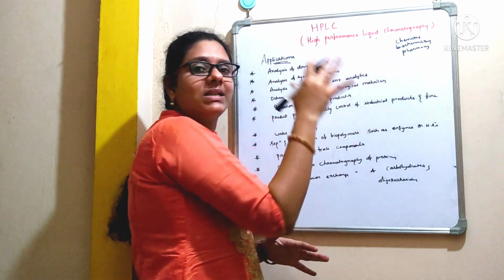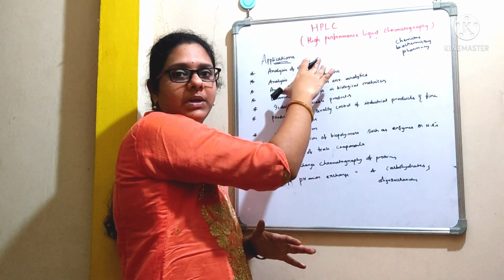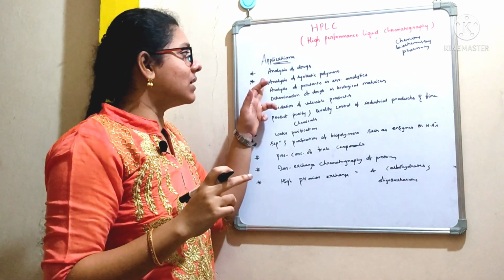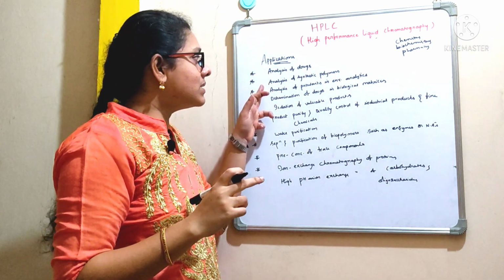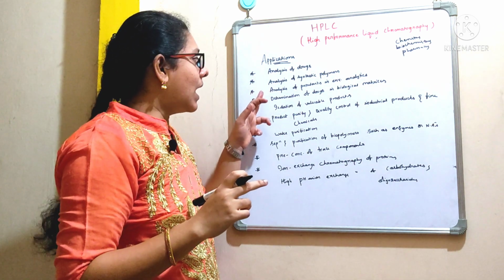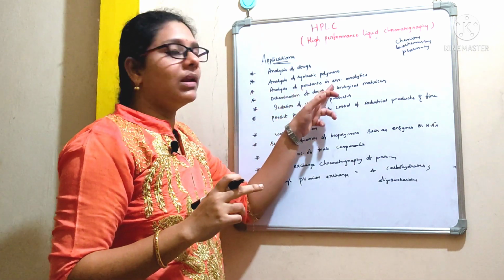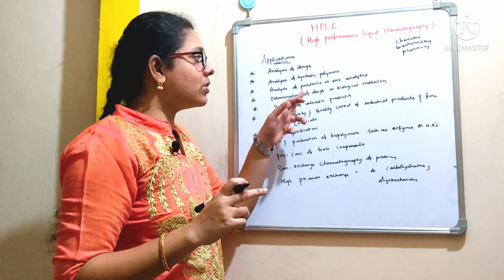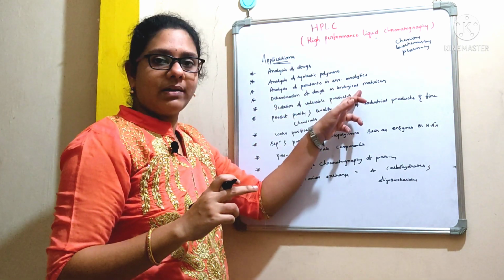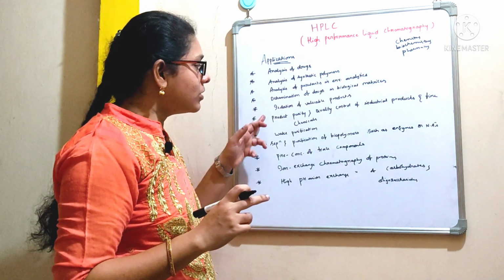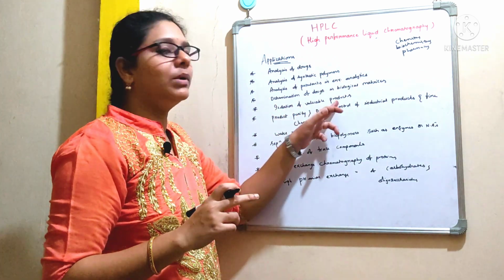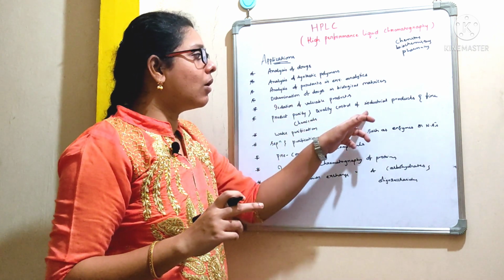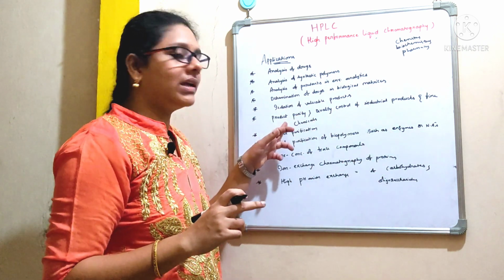Now let us discuss the applications of HPLC. This method of HPLC is used in the analysis of drugs, analysis of synthetic polymers, analysis of pollutants in environmental analytics. It is used for the determination of drugs in biological matrices. Moreover, it is also used in the isolation of valuable products, product purity and quality control of industrial products and fine chemicals.